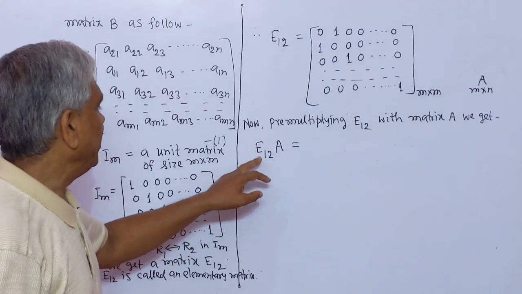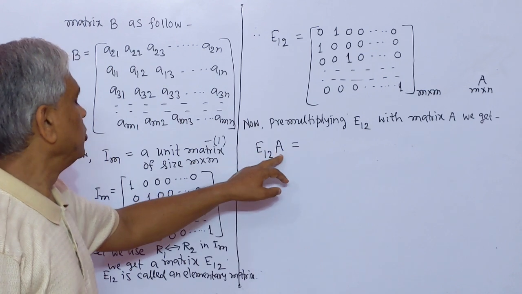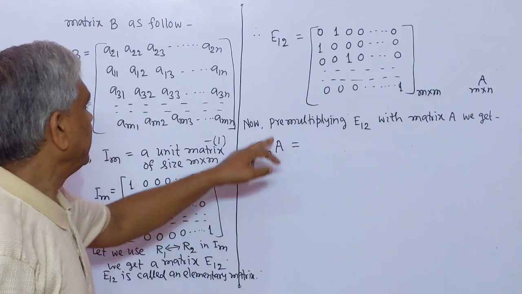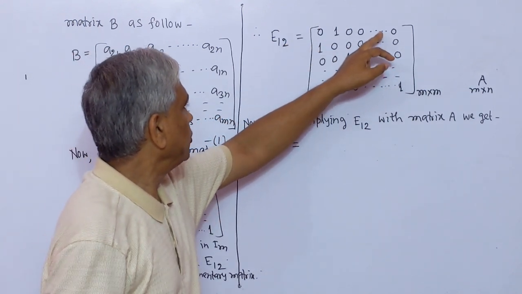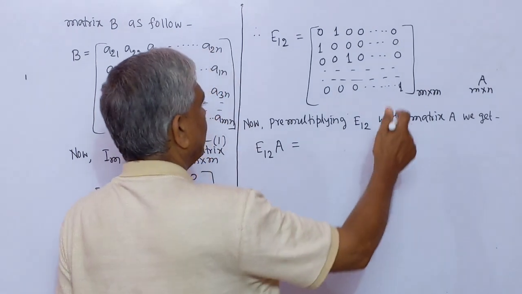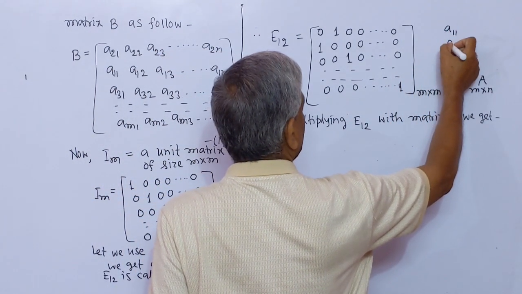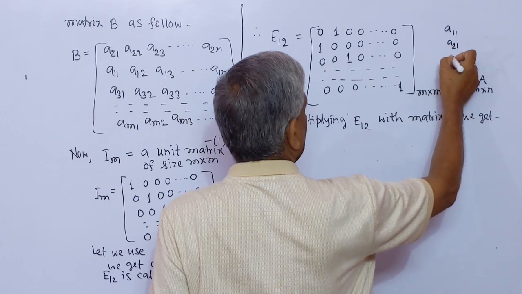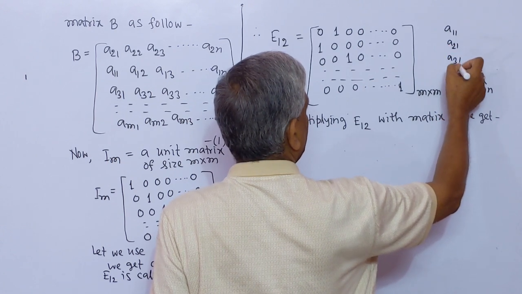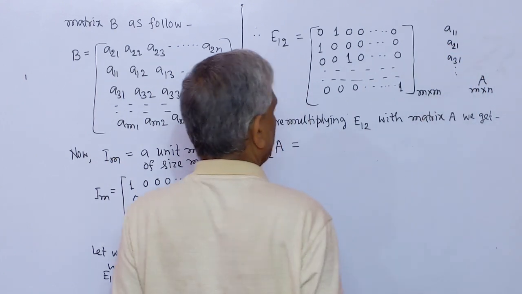Now we multiply these two. Firstly, first row, first column of A. First column of A is A11, A21, A31, dot dot dot dot.